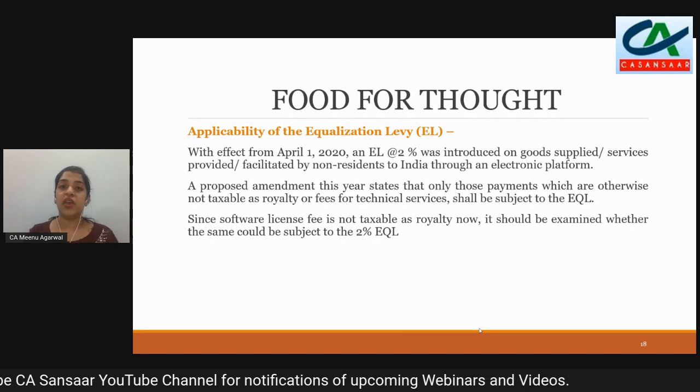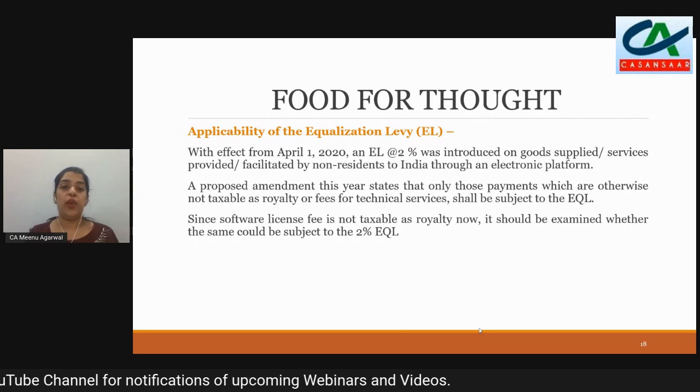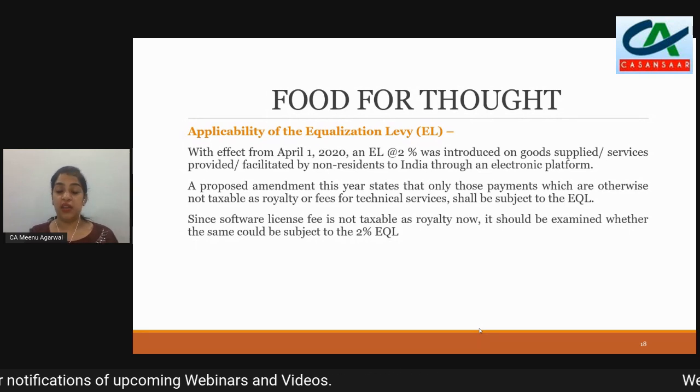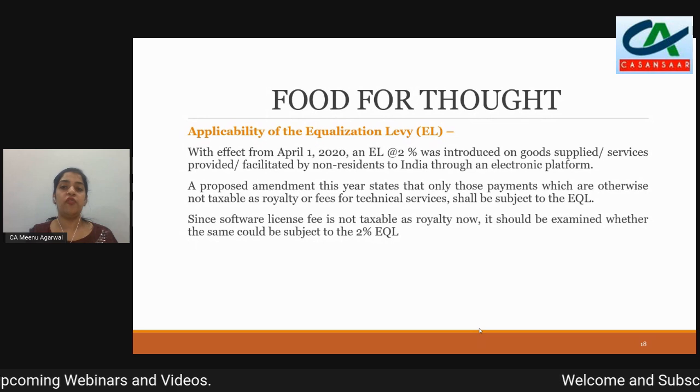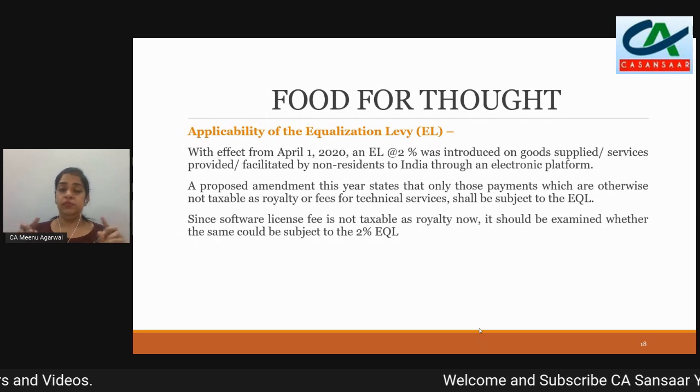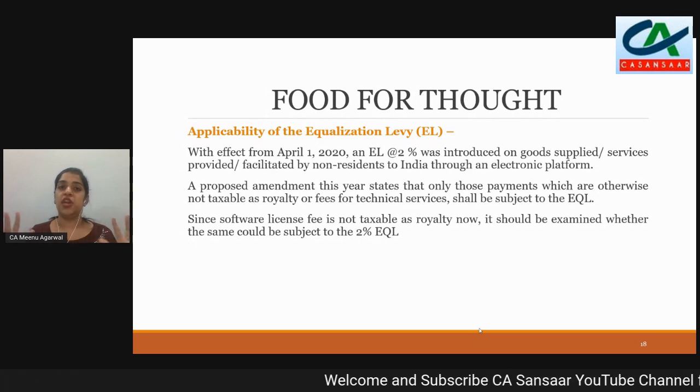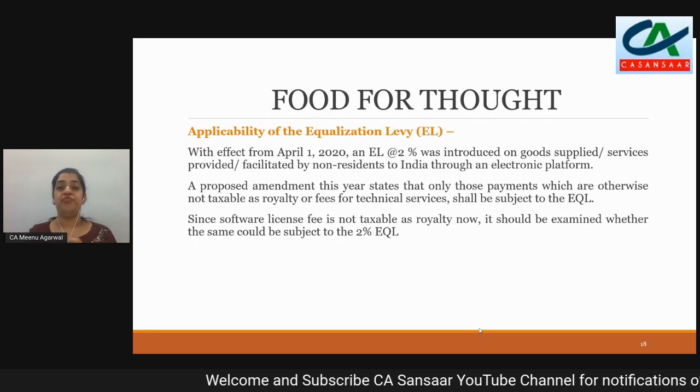Now there was a clarification in 2021 which said that payments towards royalty or fees for technical services shall not be subject to equalization levy.